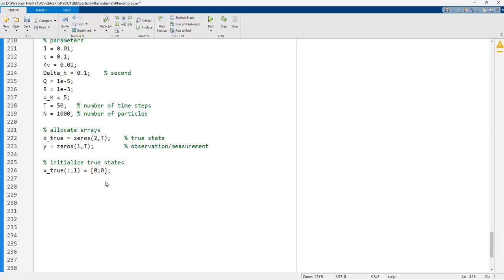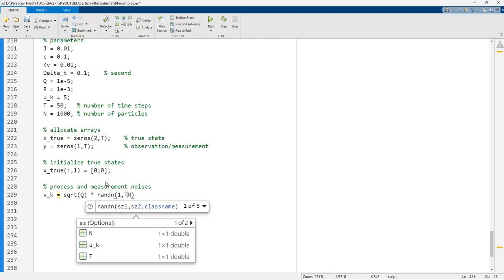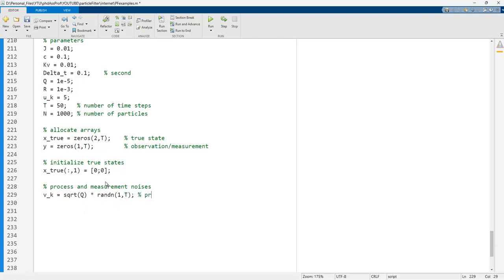Okay, after that we need to define vk and wk, the process and measurement noises. vk is sqrt Q times randn 1 by T. This is the process noise, and wk is sqrt R times randn 1 by T. This is the measurement noise.